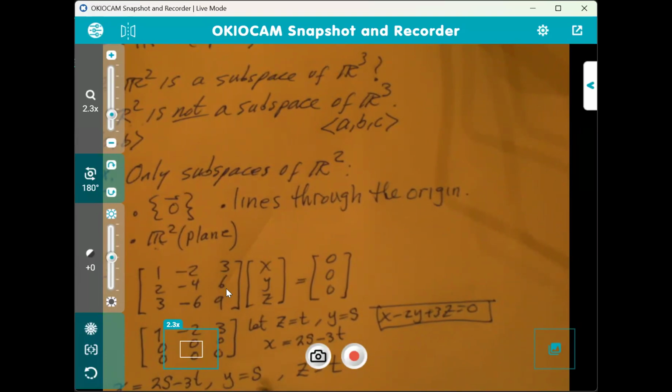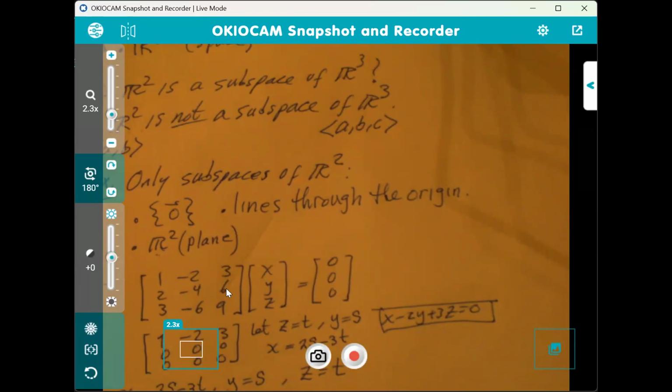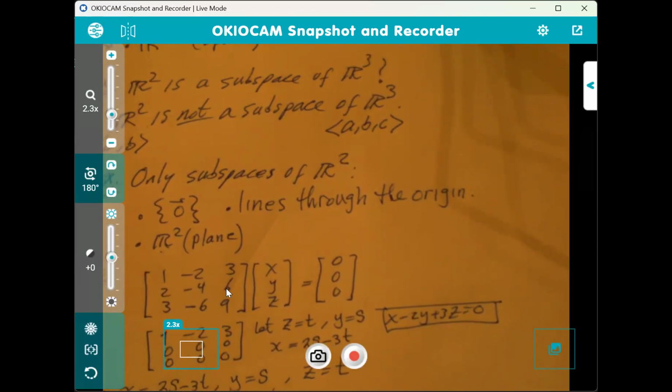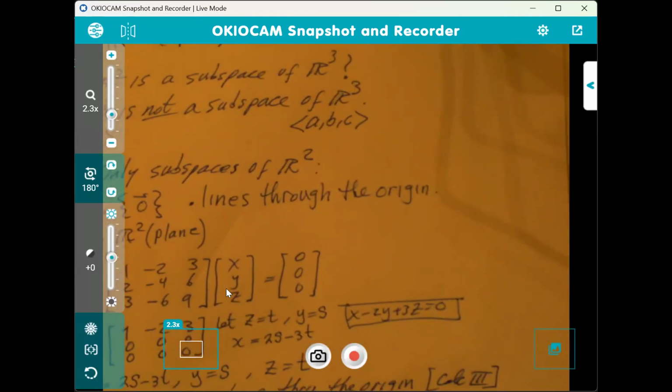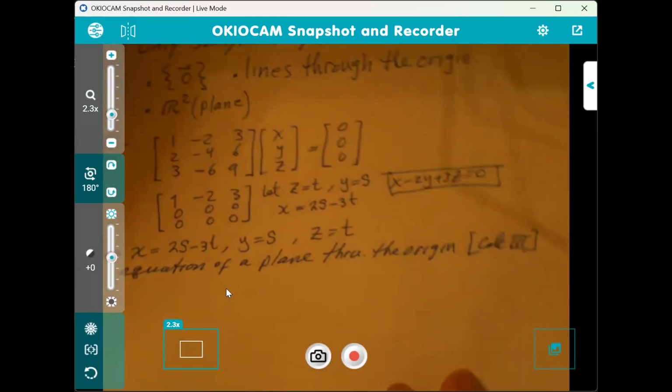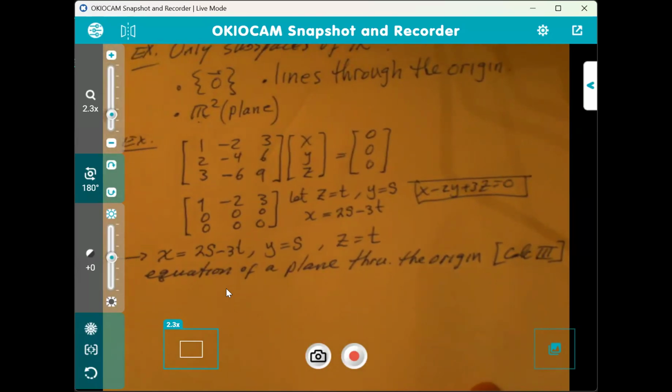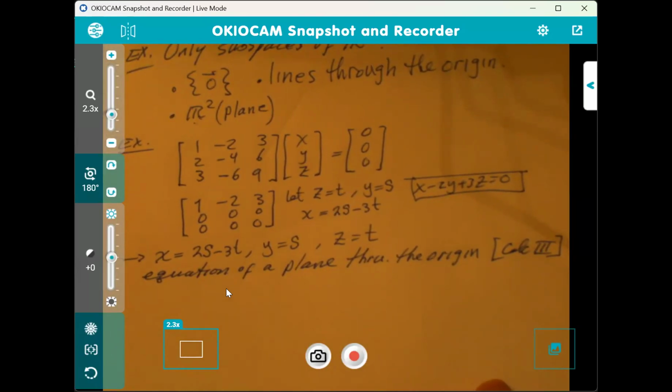This is the equation of a plane, through the origin. So we have the equation of a plane through the origin.